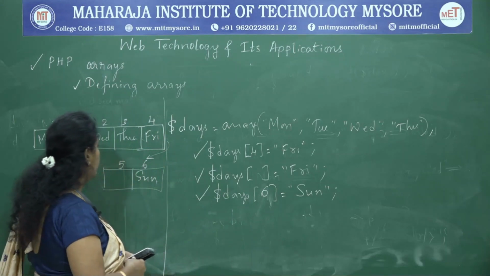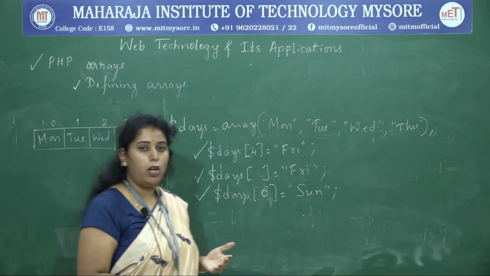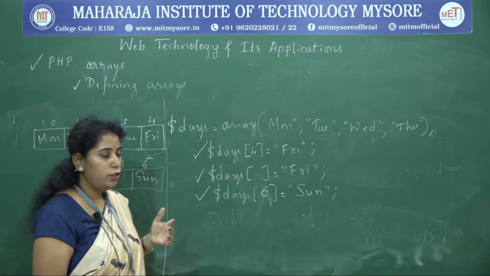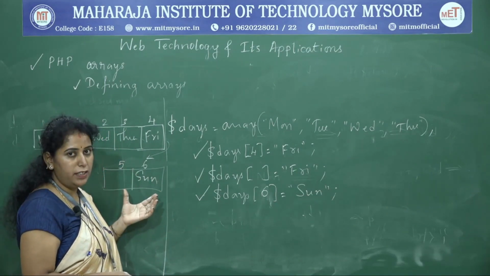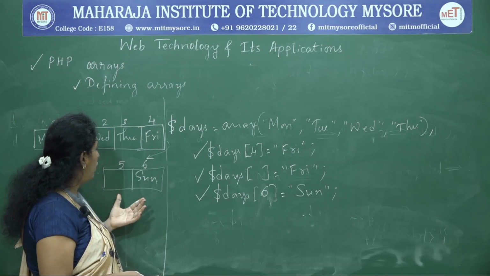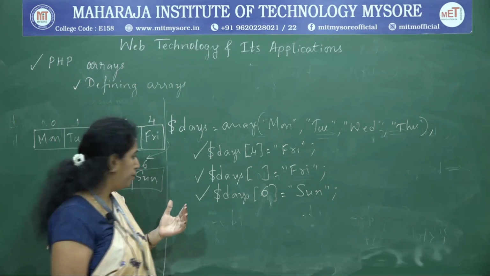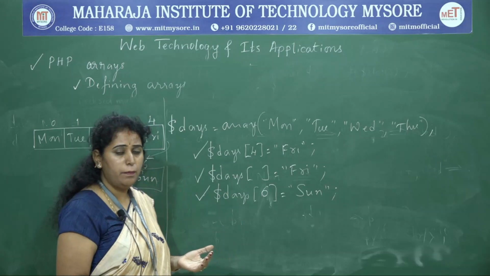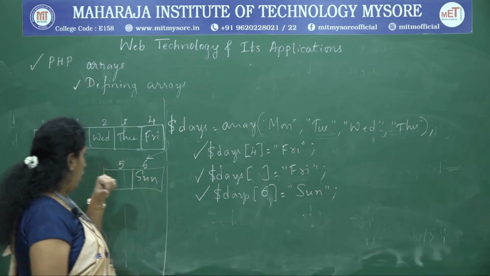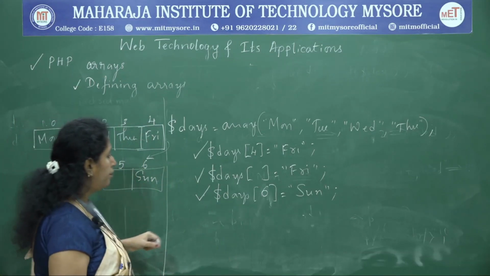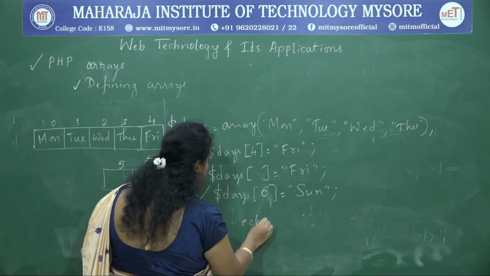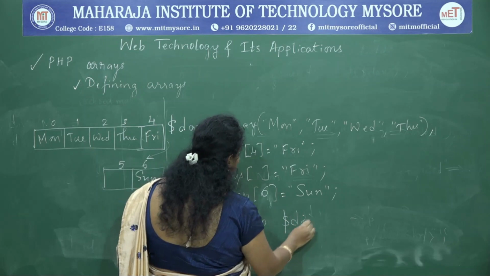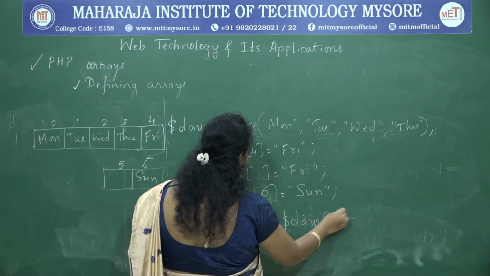So what has happened? You have skipped one block of memory, in the sense you have created a gap. The gap has been created here. When you have created a gap, while printing the array elements, what happens? Say, for example, echo days of 2.